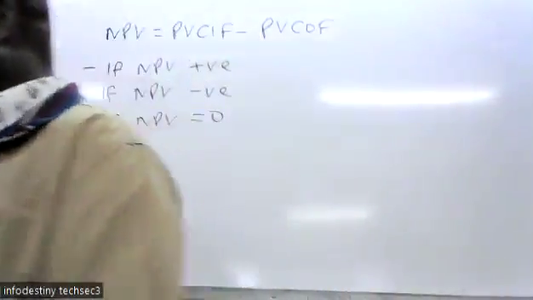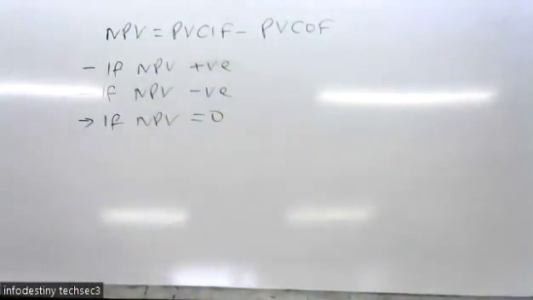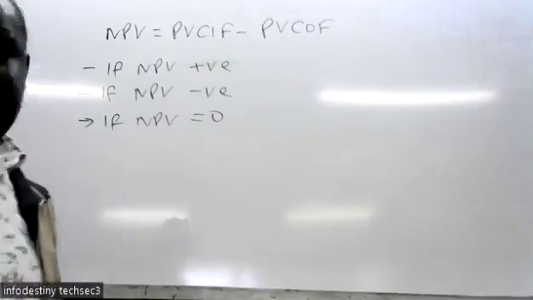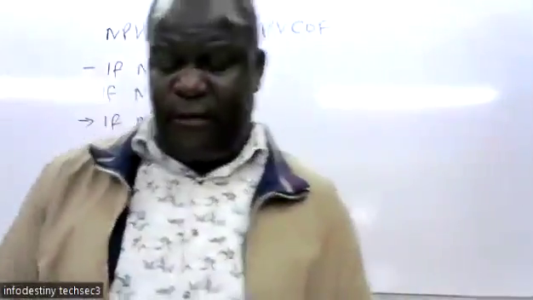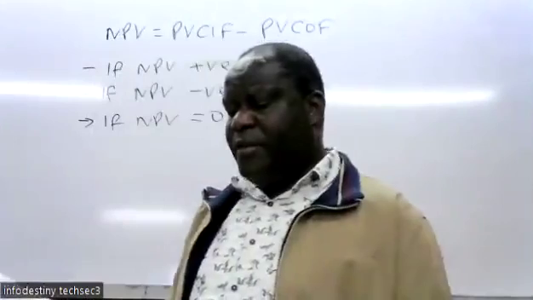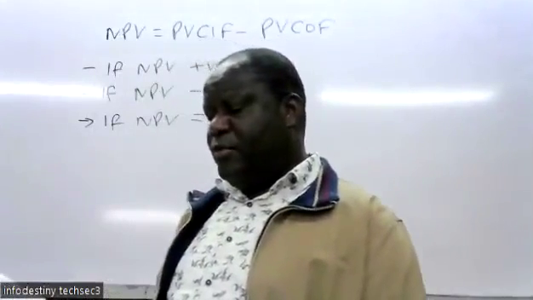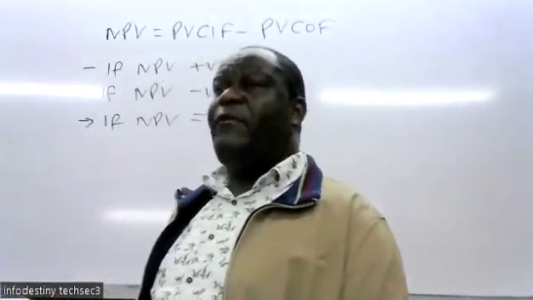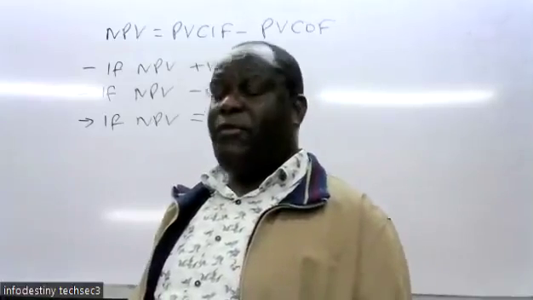The project is expected to generate the following cash flows at the end of each year. They gave you year 1, 2, 3 up to year 4. The cost of capital has been given as 12%.